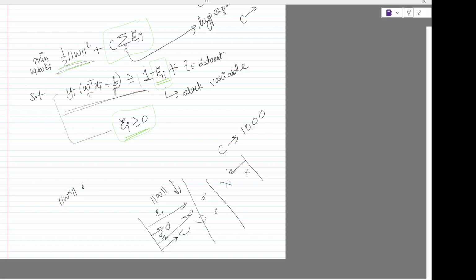This is a decision boundary, and maybe it finds a margin something like this where only a few points are inside the margin. If you are using a very high C, the C parameter is kind of difficult to tune in the soft margin SVM.